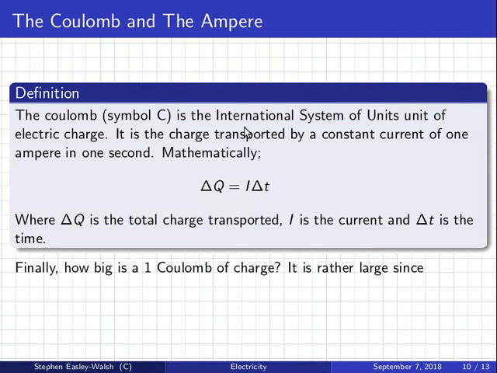And we'll talk about how big a Coulomb is. 1 Coulomb is actually a lot of charge. We'll talk about that in a moment. So if you can write this down, please. All of them? Yeah. Well, you can skip the first sentence. So you can just say the Coulomb measures charge. And then I need the formula. And this sentence. So you can say, the Coulomb measures charge.